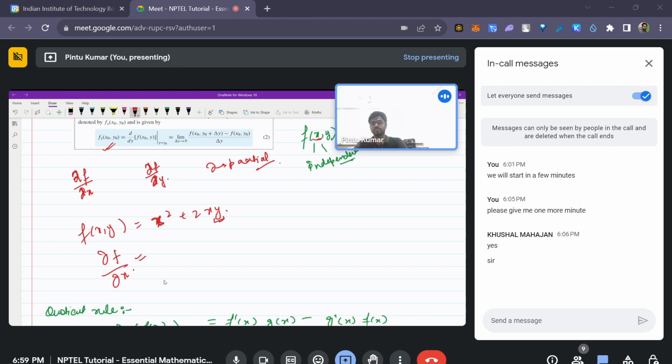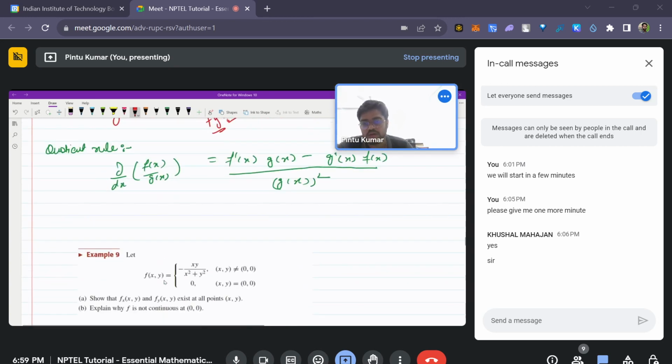So if you look at this, this would be 2x. Now treating y as constant, 2y into dx by dx, and dx by dx is 1, right? So this is 2x plus 2y. Similarly, if you want to calculate f of y, this is another notation for your partial derivative. So the first term is 0 because this is a constant for y, and the second term is 2x. So f of y is 2x. Okay, this is how you calculate.